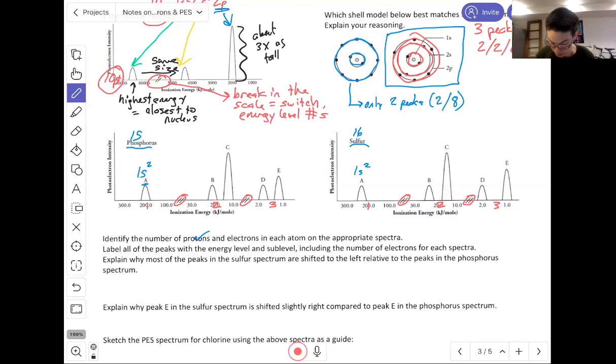And then we've got a big break telling us we've switched to the second energy level. And you will notice that there's always a very short peak followed by a very tall peak because S is always then followed by P. So for both of these, B and C then follow as 2s2 and 2p6.